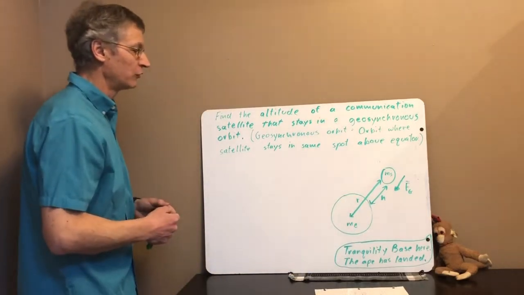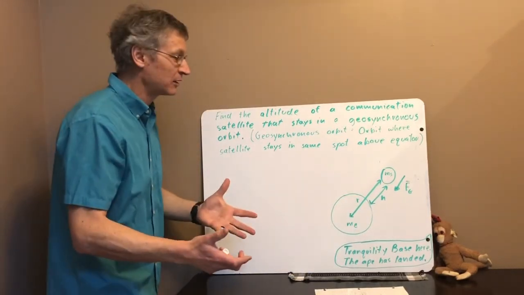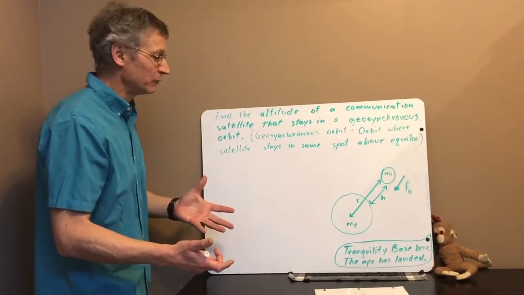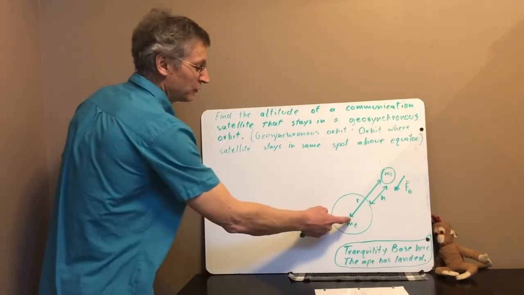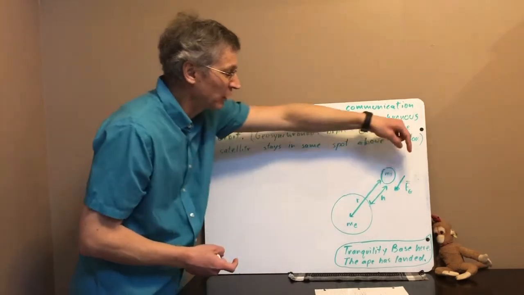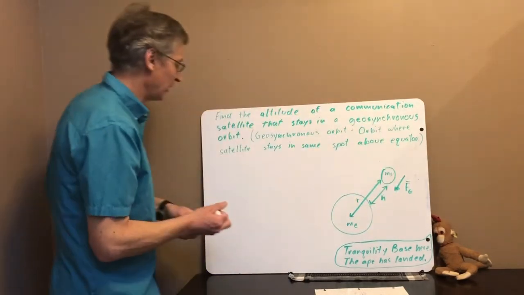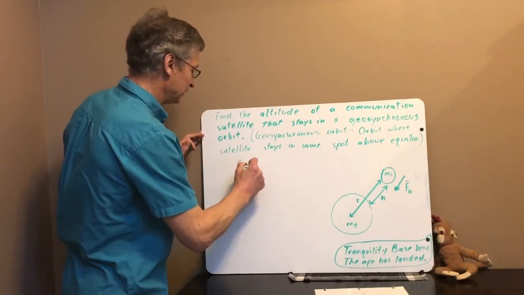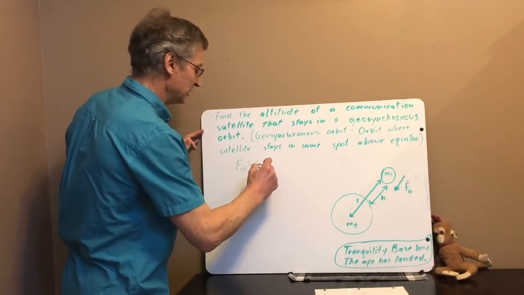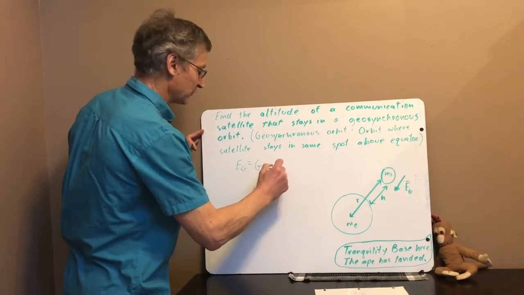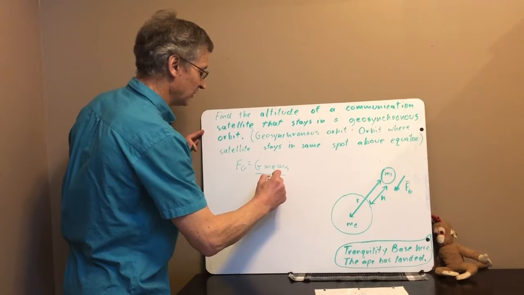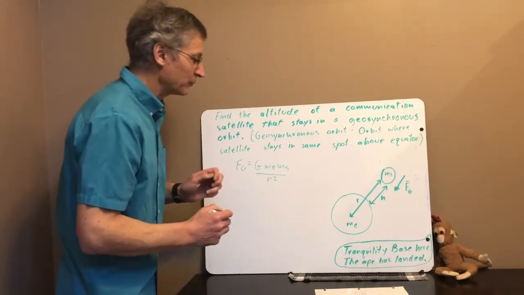Okay, how can we do this? Well, a lot of people automatically think, oh, Newton's law of universal gravitation. This thing attracts this one with some force of gravity F_G, and we know that F_G is equal to big G times one mass times the other over the center to center separation, all squared.